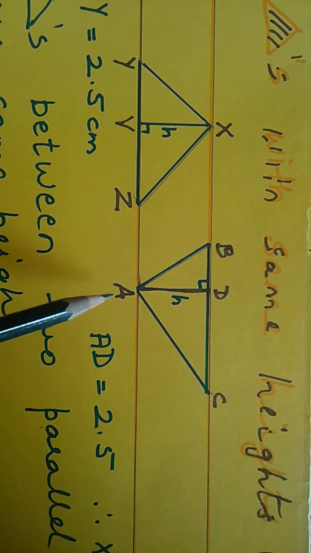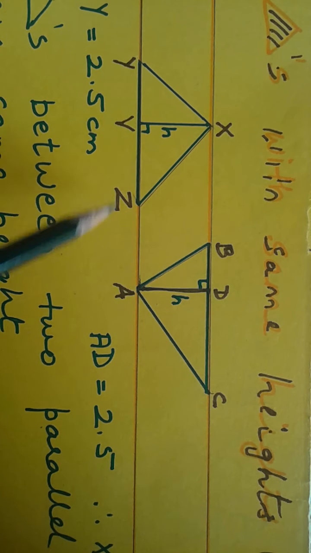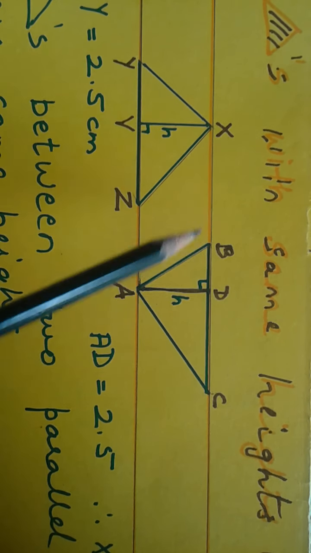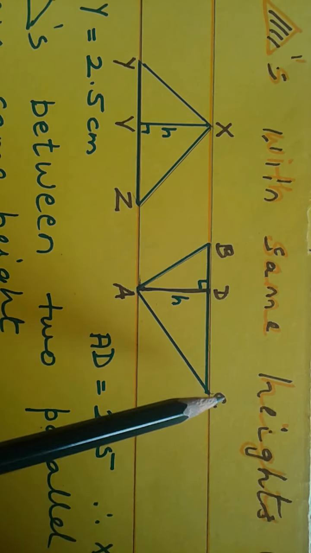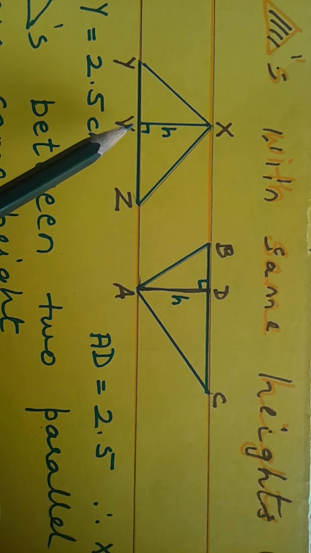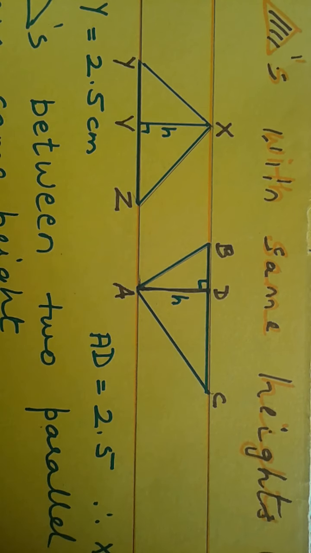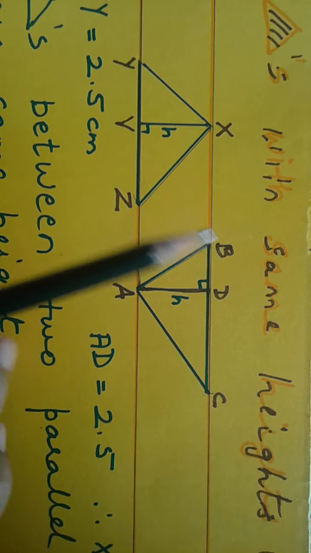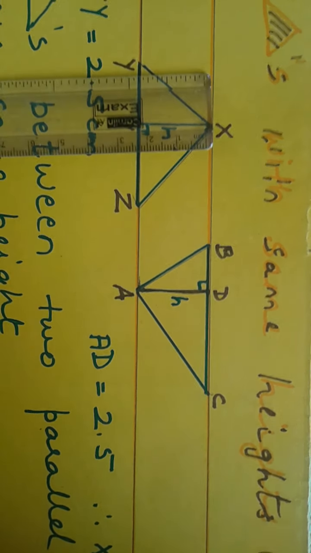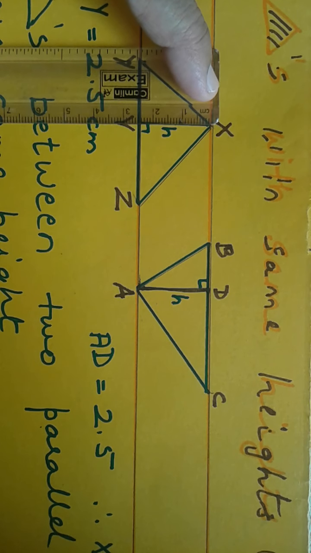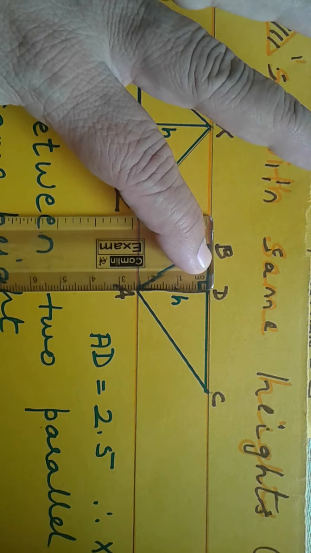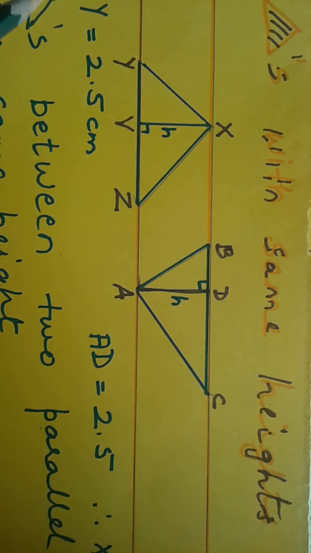In XYZ, the base is YZ, and in triangle ABC, the base is BC. So, here the two triangles have the same height. Let H be the common height. Here, if you measure, it is 2.5 centimeter, and AD is also 2.5 centimeter.